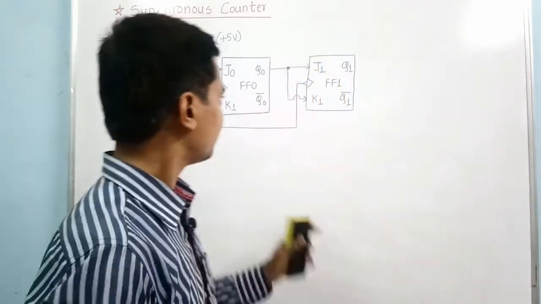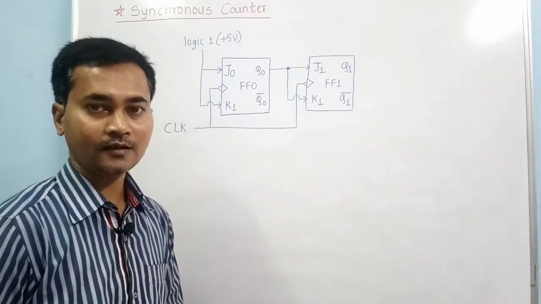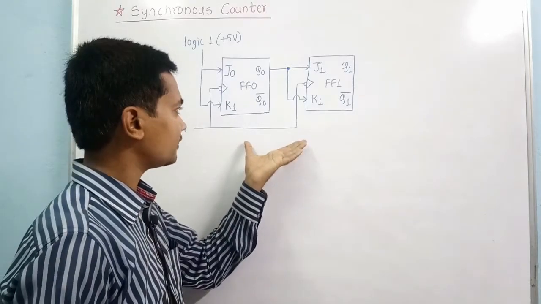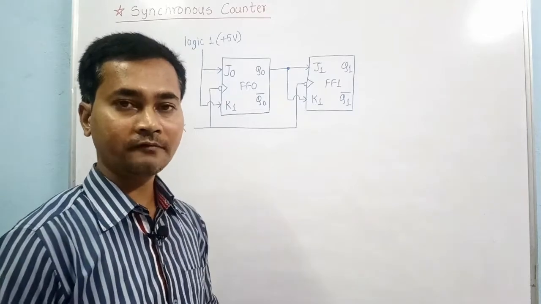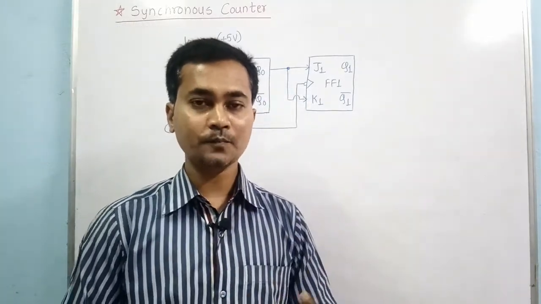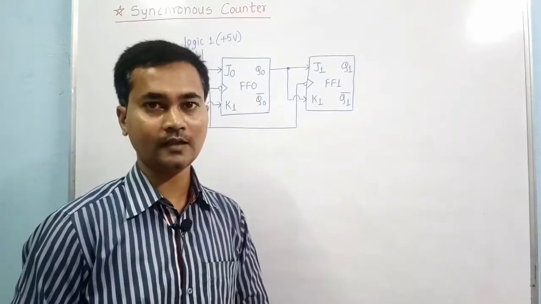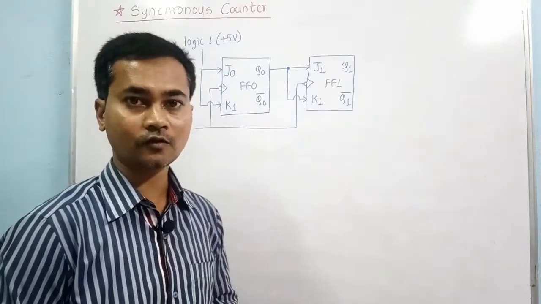Now we will see how this synchronous counter works. You might be wondering why I drew this diagram directly without explaining; we will see the designing part in the next video. For now we will try to understand the connections of this synchronous counter.